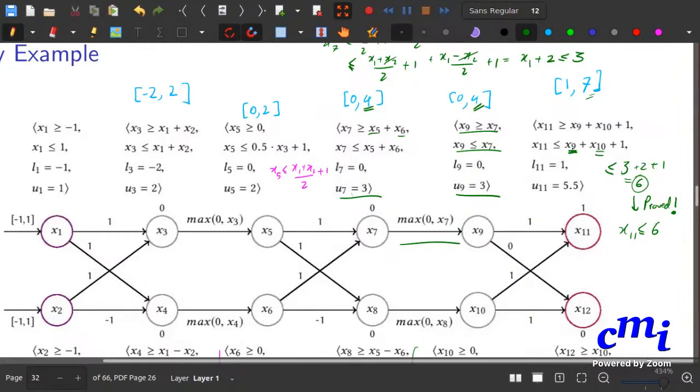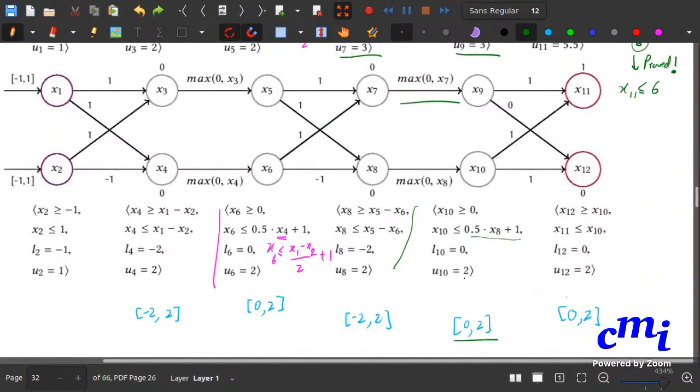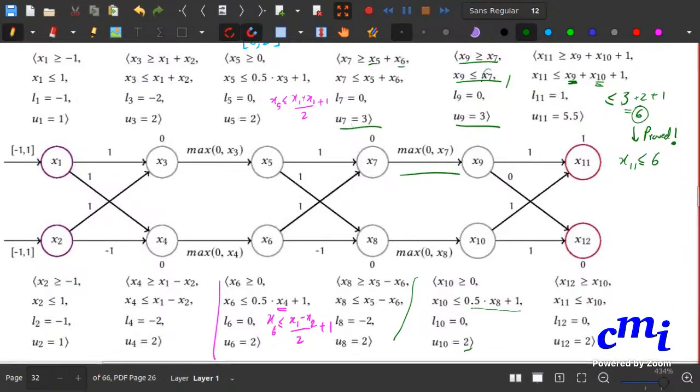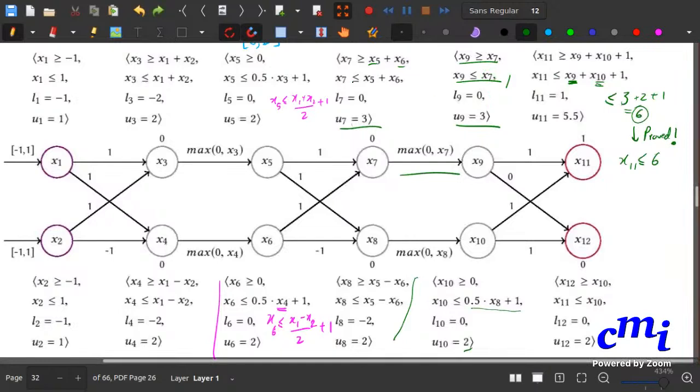Of course, here notice that we didn't do back substitution all the way. X9 and X10 we only back substituted up to one level, that is, we back substituted with U9 and U10 directly. Of course, we could have instead substituted with these linear expressions, then substituted X7, taken X7 in terms of X5 and X6, and then substituted X5 and X6 and done this entire thing recursively all the way up to the first layer, right?